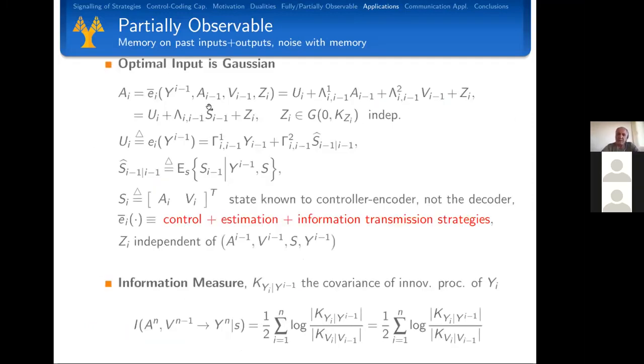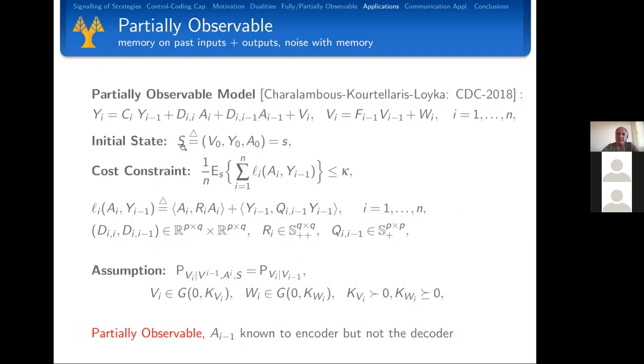Again, if you go through the maximum entropy principle, because if you try to compute this from the converse, it would be the entropy rate of y given the initial state, the entropy of the sequence of y of length n minus the entropy of the noise. So again, if all of them, your V's, are Gaussian, which here W is Gaussian, and the initial state is Gaussian, then maximum entropy kicks in.